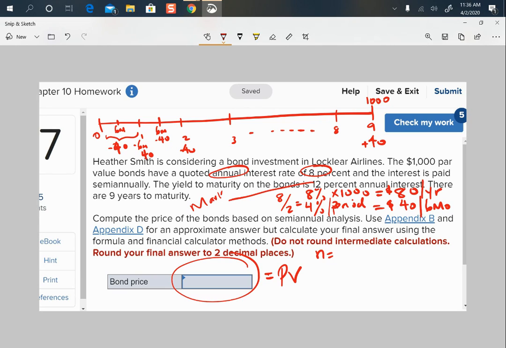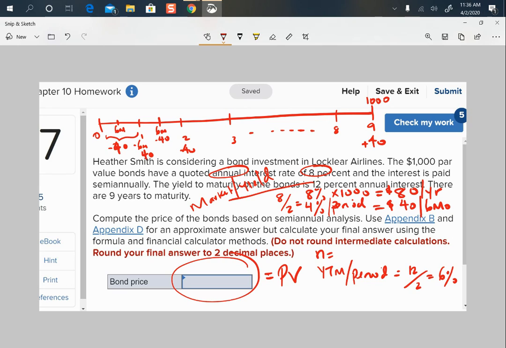So the yield rate is 12%, but it's 12% per year. So we need to determine our yield rate per period, which in this example is going to be 12% divided by 2 periods per year, and therefore our yield rate will be 6%.